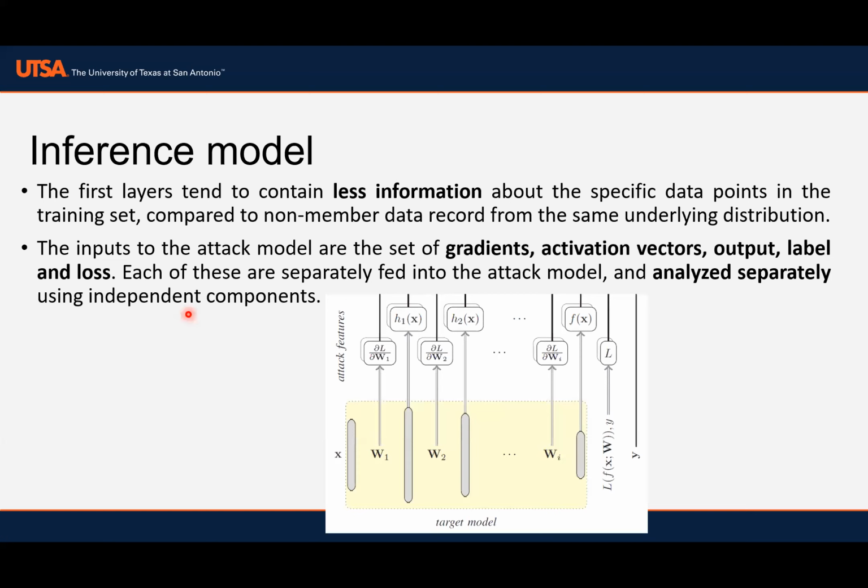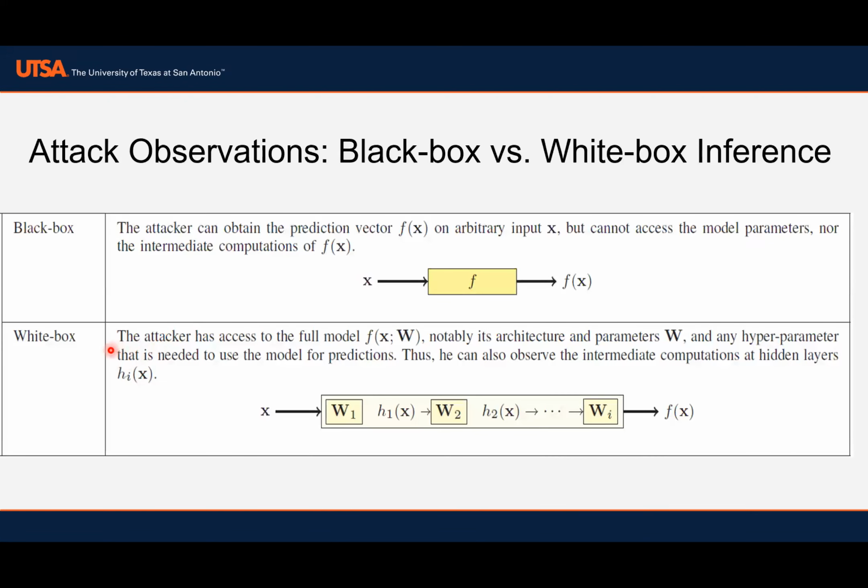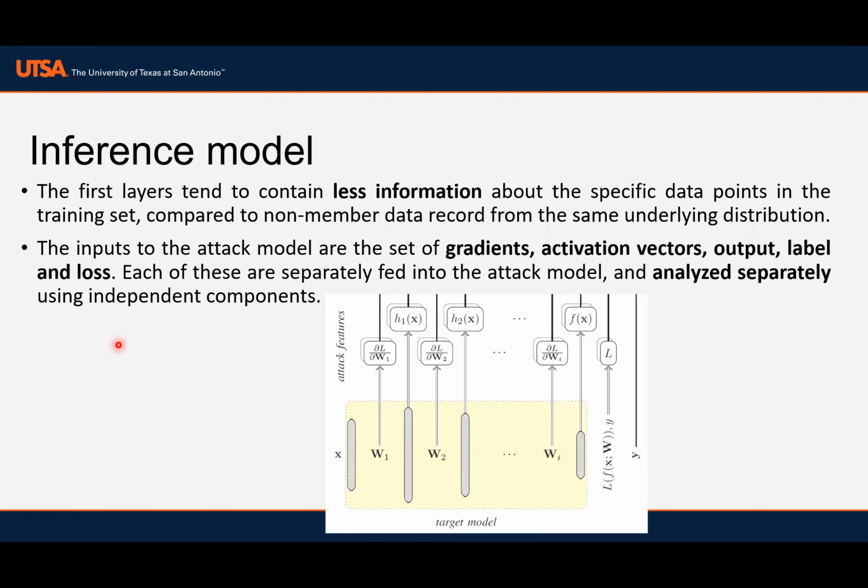This paper focuses on the white box inference, and for the white box inference, here is a target model. It's a deep learning neural network, with the first layer and the last layer. So the attacker can access the whole model.